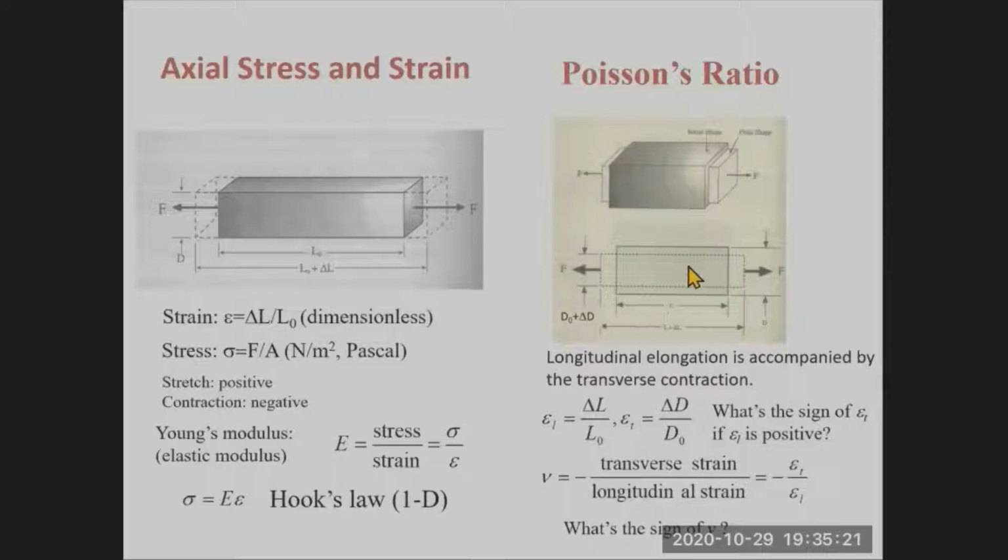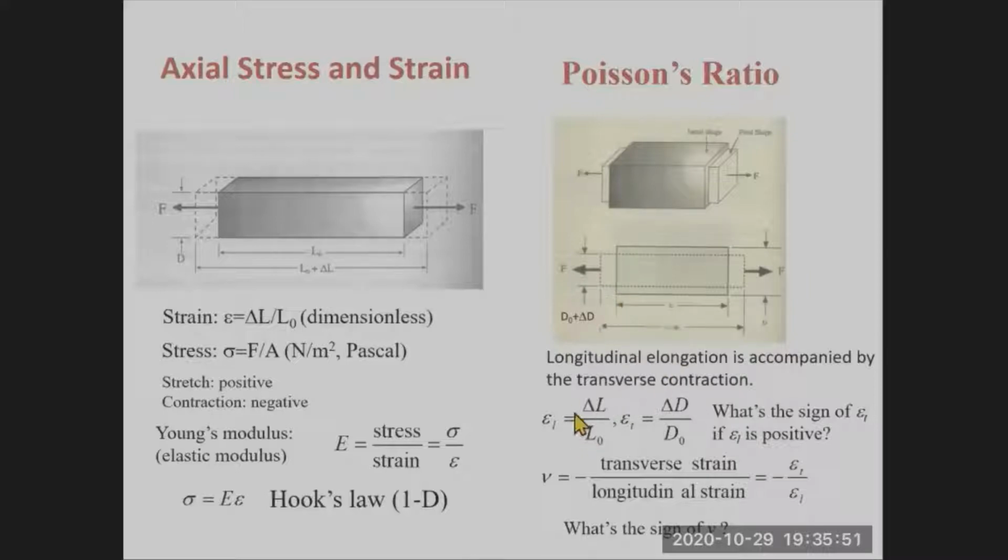As shown in this figure, we can see that if the longitudinal length is increased to L plus delta L, the transverse dimension D naught is changed to D naught plus delta D. So delta D is the change of the transverse dimension.